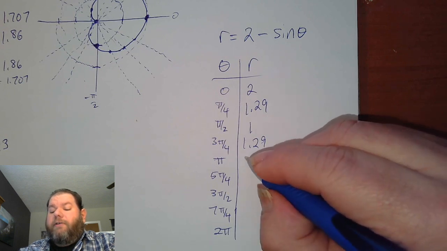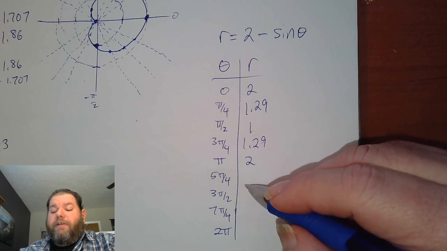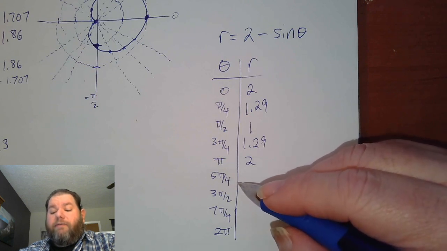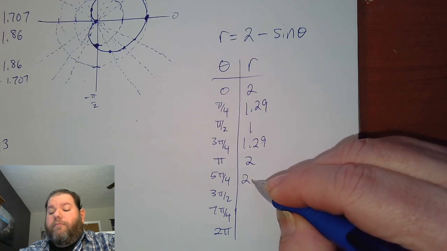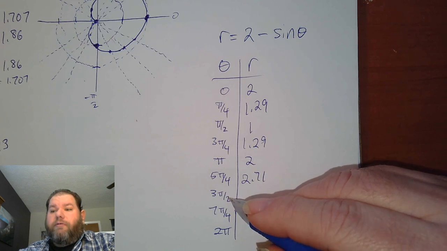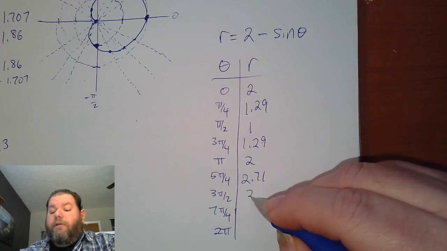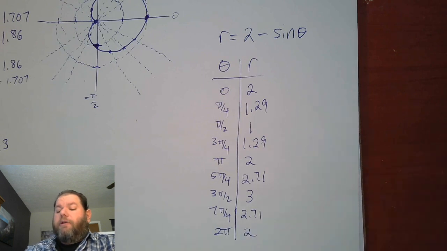Sine of pi is back to 0, so that's 2. 5 pi over 4 is negative root 2 over 2, so that is 2.71. 3 pi over 2 is negative 1, so we get to 3, and then 2.71, and then back to 2.